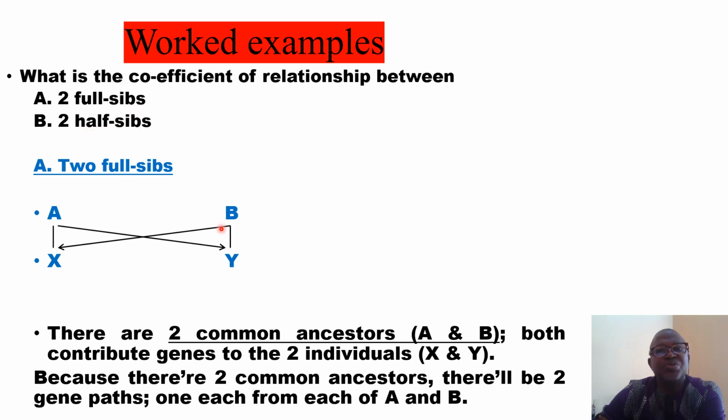So this is a diagram showing two full sibs coming from parents A and B. From this diagram, we can see that there are two common ancestors, A and B, and both of them make contributions to the two individuals, X and Y. So because there are two common ancestors, there will be two gene paths. This is one gene path, and this is another gene path, one coming from each of the ancestors, A and B.